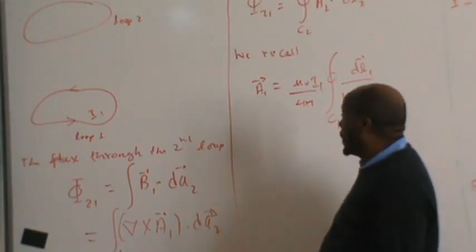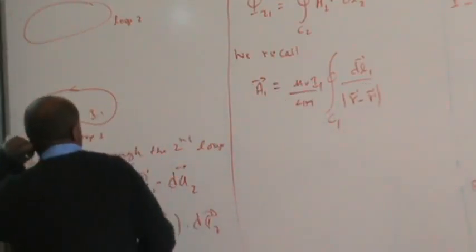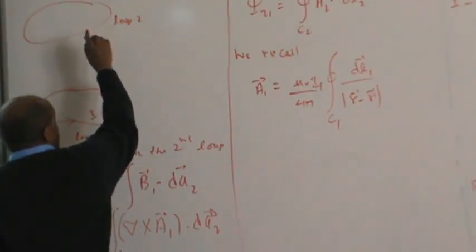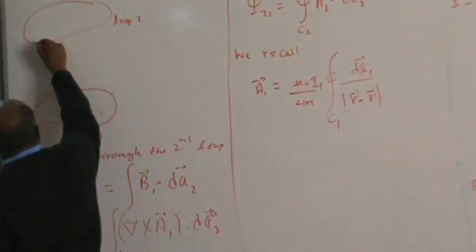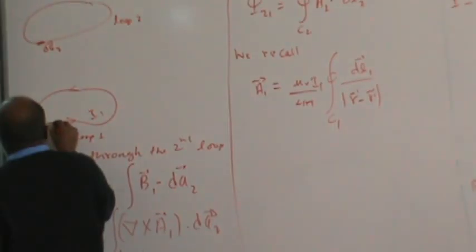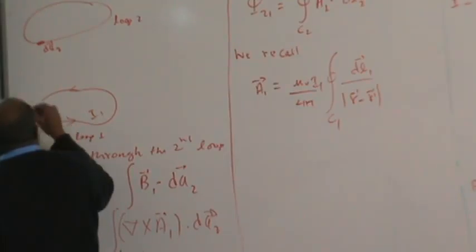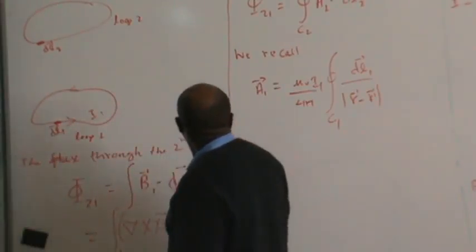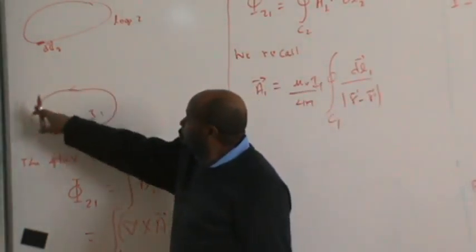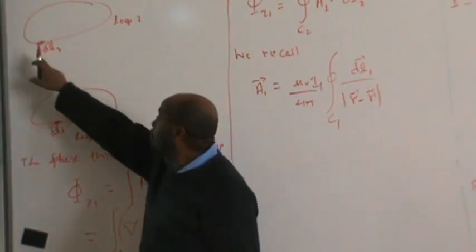What's R prime? So we are interested in the magnetic vector potential of just this infinitesimal length dL2. If I put this one is dL2, and if I consider this one is dL1, so I'm interested in the vector potential of the current flowing through this at this point, right?